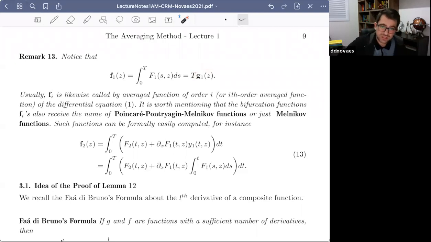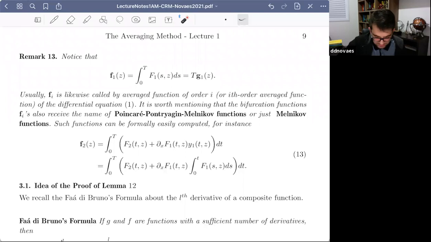It's usually called the average function in the research literature. However, it's also called the Poincaré, Pontryagin, and Melnikov function, or just Melnikov function, because it's a kind of Melnikov method which allows to expand the Poincaré map in Taylor series.